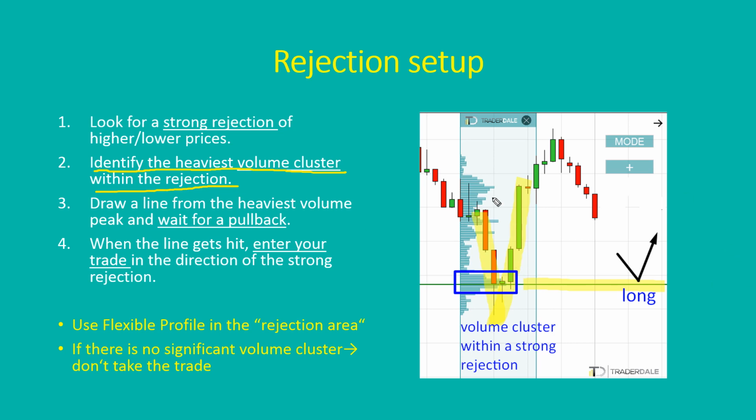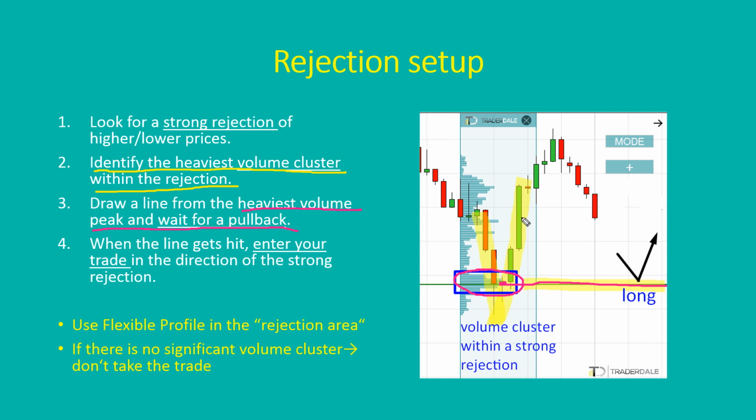So if you look at the picture, then this is the heaviest volume cluster within this rejection area. Alright? And from the heaviest volume peak, you draw a line. Heaviest volume peak is in here, so you draw a line from there.